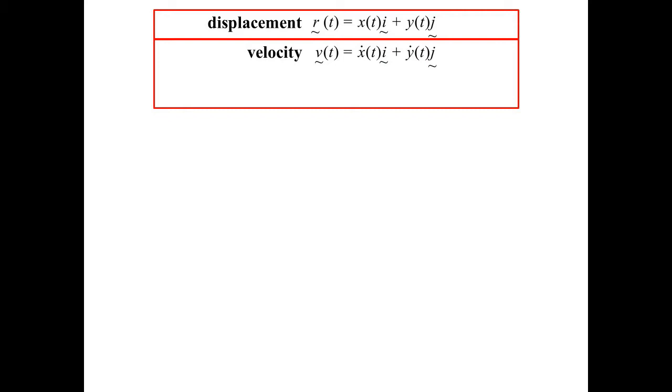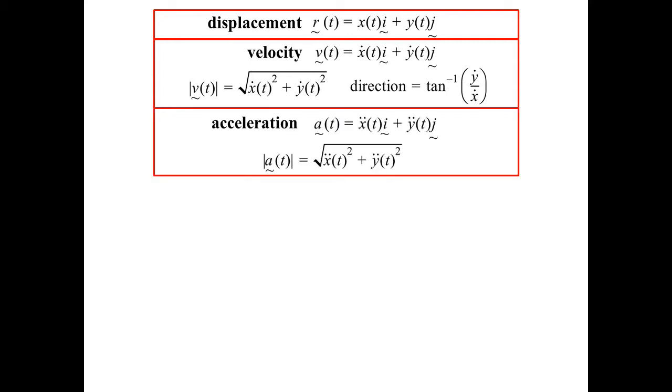And remember, with motion, we tend to use the dot notation for the derivative. So I've written it as x dot times the vector i plus y dot times the vector j. So the magnitude, well, it is a vector, so it'll just be the square root of x dot squared plus y dot squared, and the direction that it travels in will be the inverse tan of y dot on x dot.